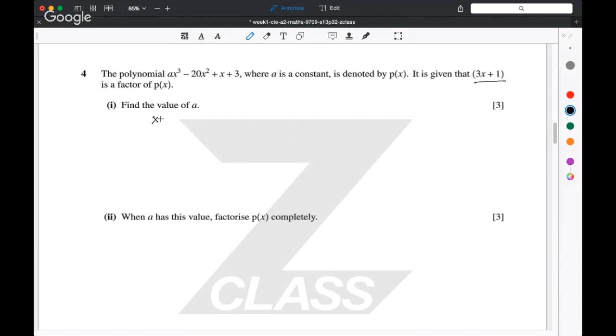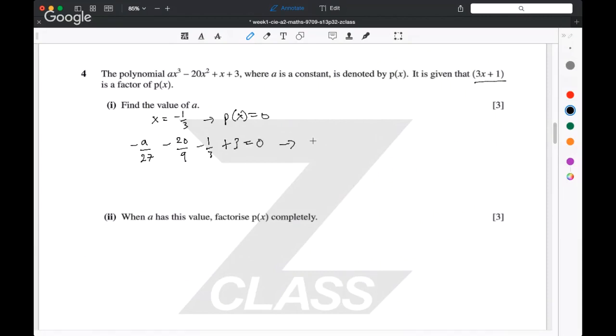I mean that x equaling minus a third gives p of x equals 0. So let me plug that in. Or rather, x equal to minus a third is a solution to the equation this is equal to 0. So if I plug that in, I get minus a over 27 minus 20 over 9 minus a third plus 3 is equal to 0.